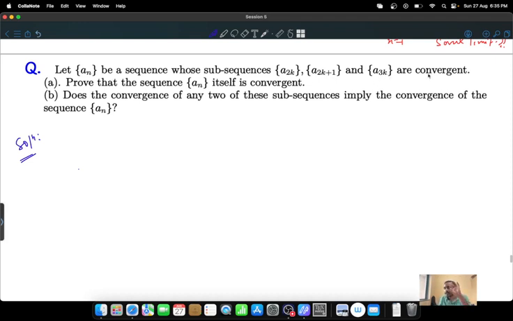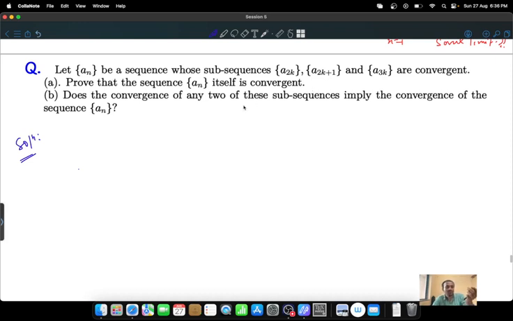I am not saying anything about the limit, only their convergence, because there is a theorem that if the even sequence and the odd sequence converge to the same limit, then the original sequence converges. But here that is not given to us. That's why one extra condition is given, that a_{3k}, the multiples of 3 sequence, is convergent.